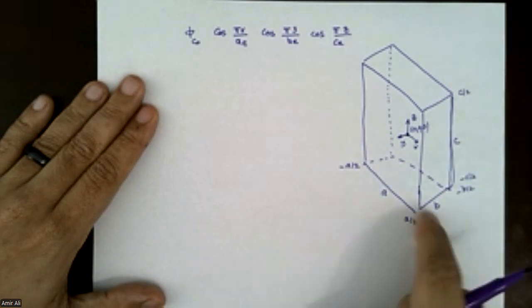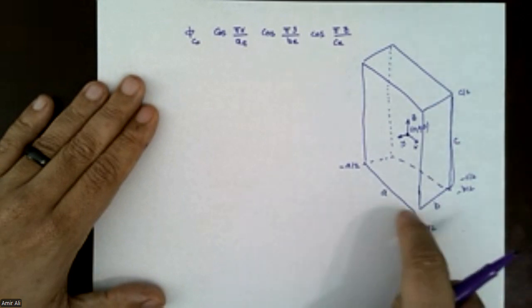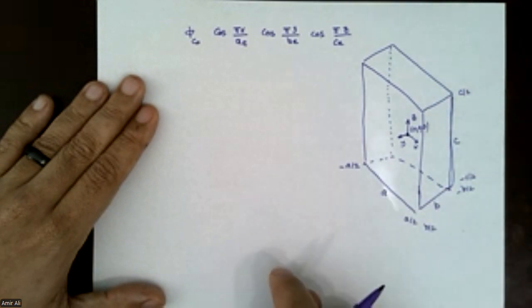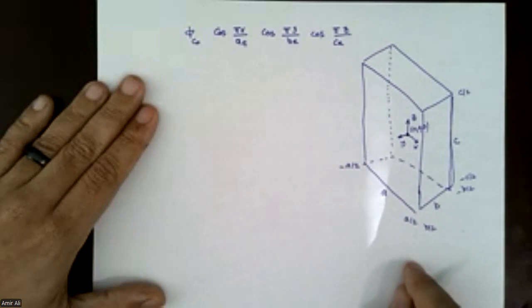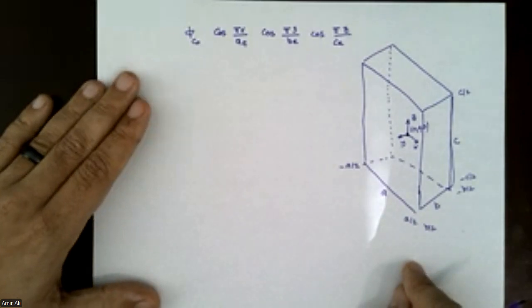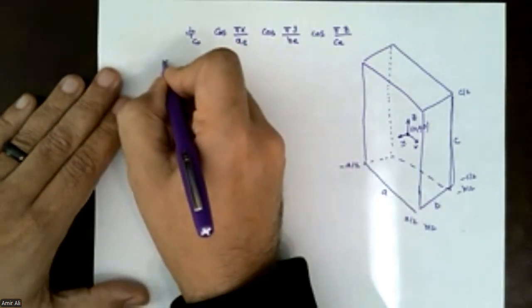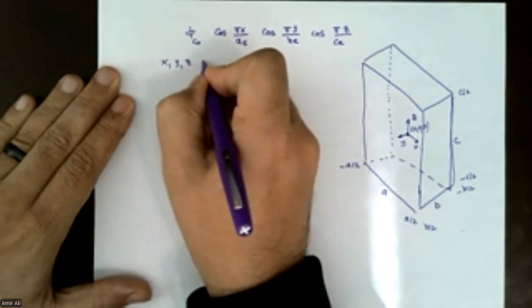So A, B, C are the length, width, and height of that reactor shape. And x, y, z are the variables.